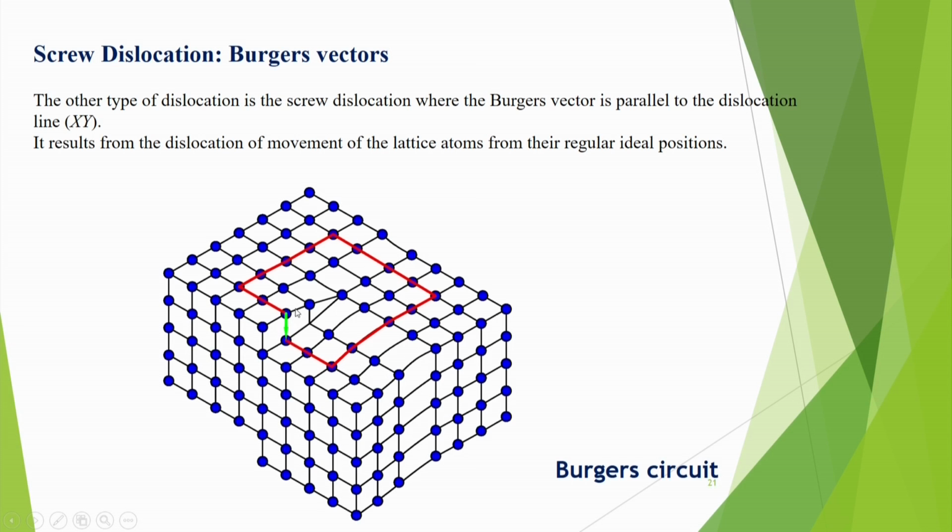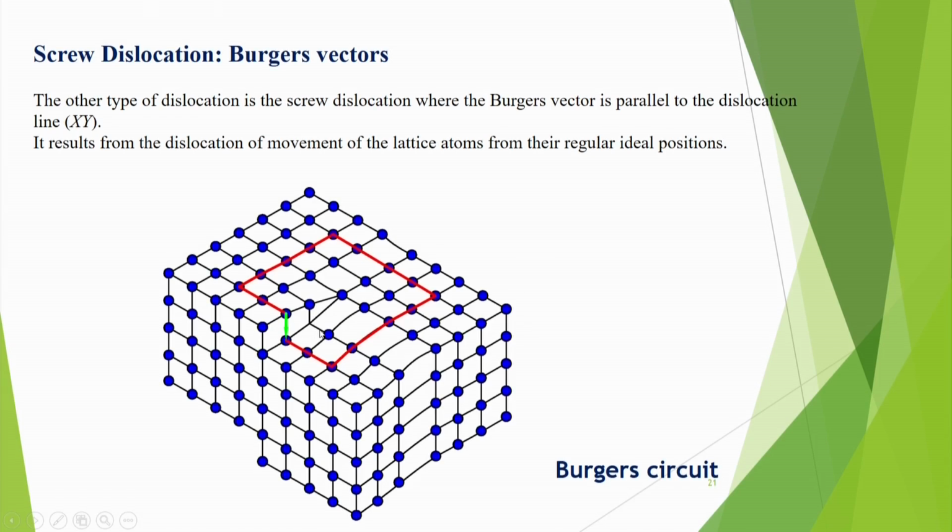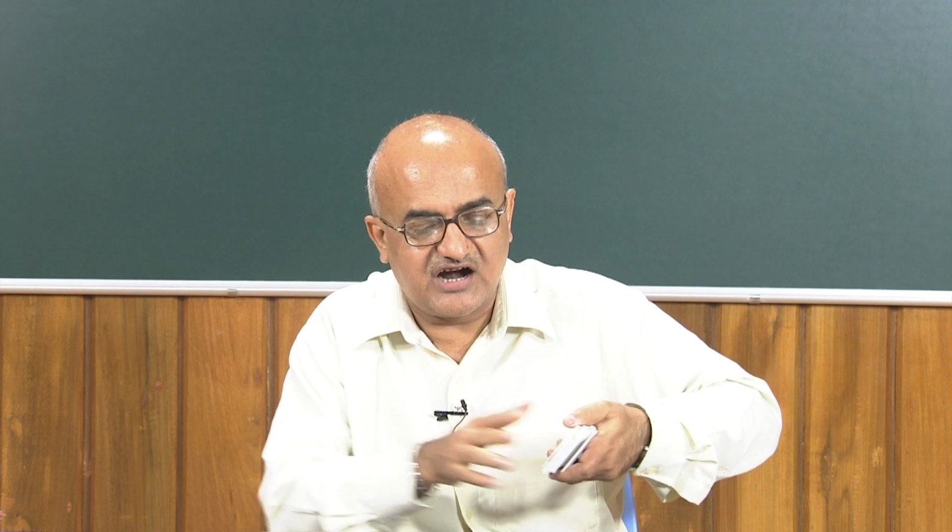But now this time your Burgers vector is actually parallel to the dislocation line. So this is called a screw type of dislocation. It is something like a type of shearing, that means this surface is just sheared, that means one block just got sheared like this.